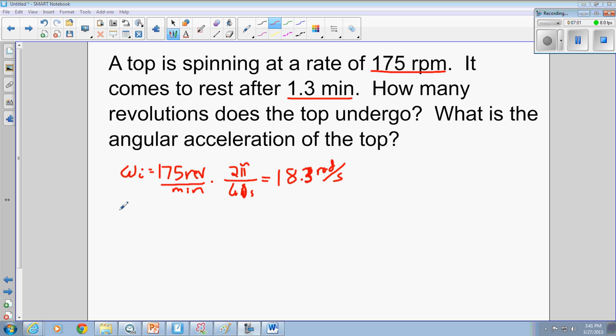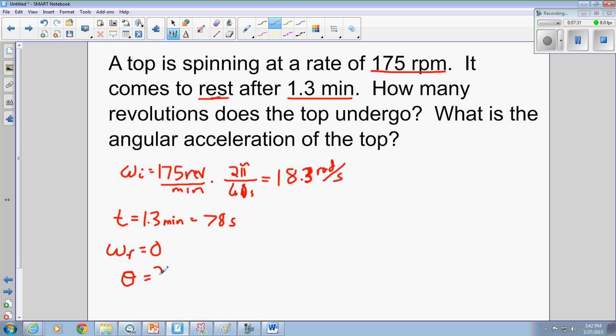Our time is 1.3 minutes. We'll convert that to seconds by multiplying by 60. That's 78 seconds. We know our final angular speed is going to be 0 because it comes to rest. And we want to know how many revolutions it undergoes. So essentially we can find our angular displacement, and we can figure out how many revolutions that is.